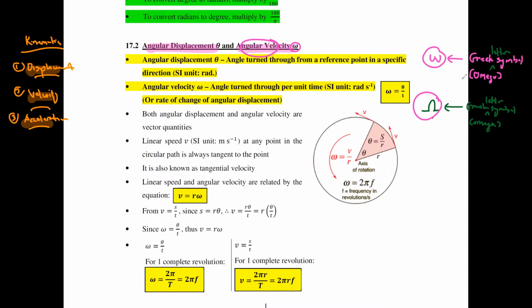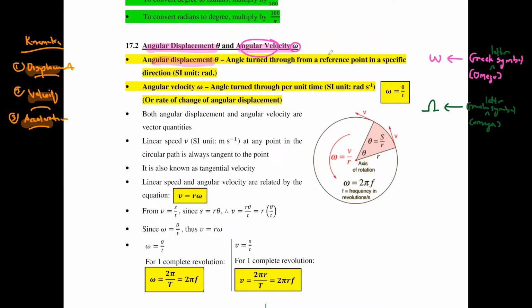It's just that one of them is uppercase, one of them is lowercase. If I tell you the letter A has two types, right? Either a capital A or a small a. We call this uppercase A, this one lowercase a. So one of these is an uppercase omega, one of these is a lowercase omega. I don't remember which one is which, okay? But strictly speaking, those two are still omega, just that one of them is uppercase, one of them is lowercase, okay?